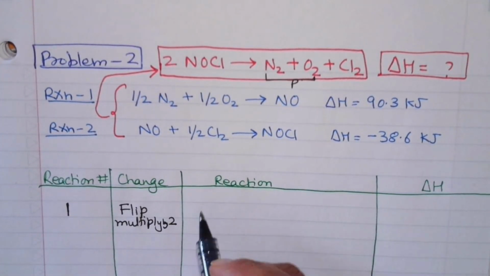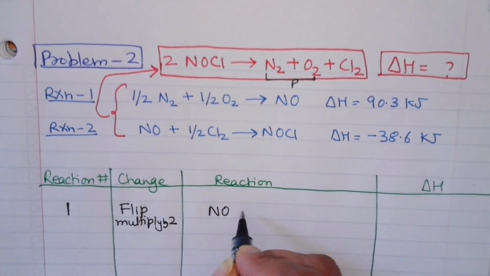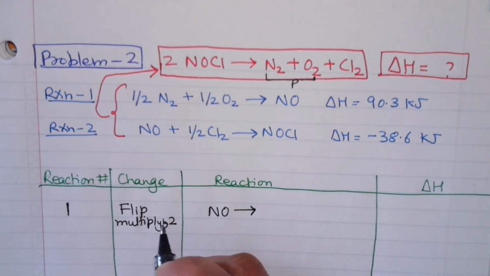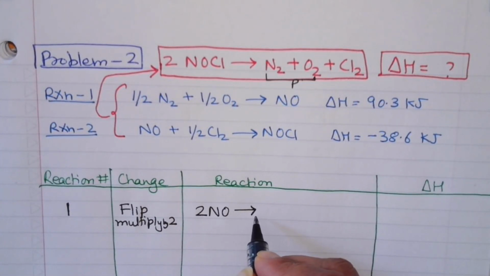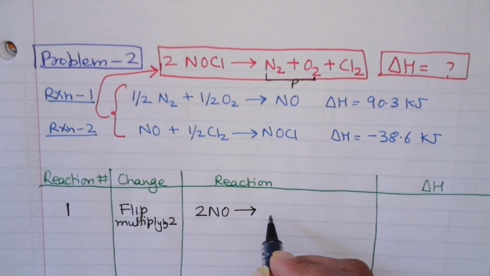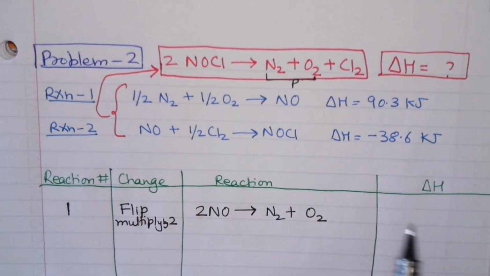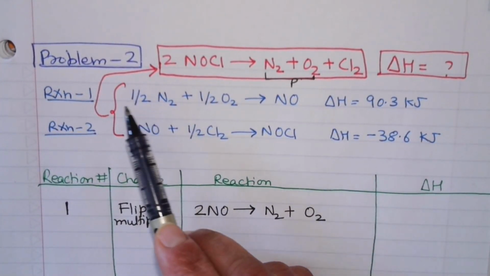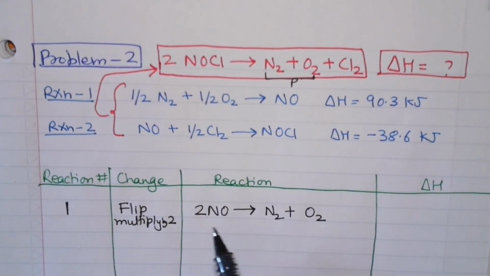So my reaction 1 becomes, when we flip it, NO, and when we multiply it by 2, it becomes 2NO, and then on this side it becomes N2 plus O2. Okay. So what did we do? We flipped reaction 1 and we multiplied reaction 1 by 2. So this is what we get.